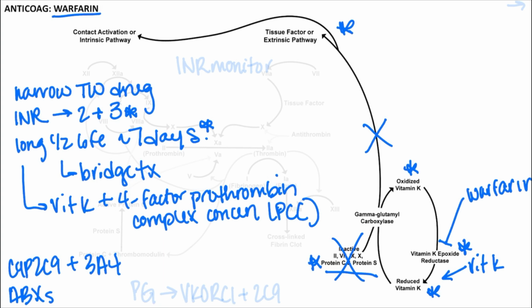And don't forget, there are also those pharmacogenetic concerns regarding VKORC1 and 2C9. And patients will also have to be counseled to try and minimize any changes in their diet so that the amount of vitamin K intake in their diet remains pretty consistent. And they're also going to have to be counseled on the fact that they will need frequent INR monitoring.